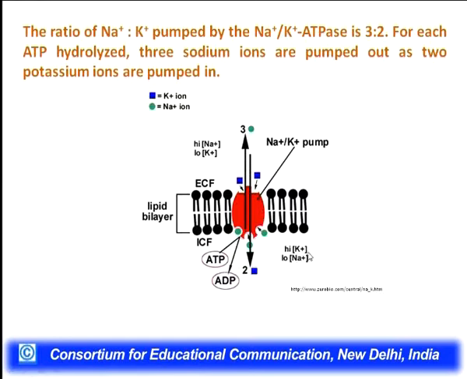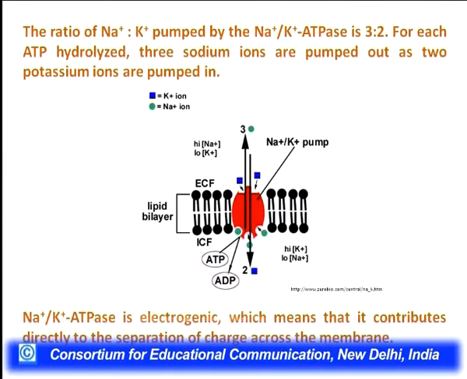Inside there is already a high potassium concentration, so this movement is against the concentration gradient, and the movement of sodium is also against the concentration gradient because outside there is already high sodium concentration. So, the ratio is not 1:1 but 3:2. Three sodium for each ATP molecule hydrolyzed are thrown out and 2 potassiums are taken in.